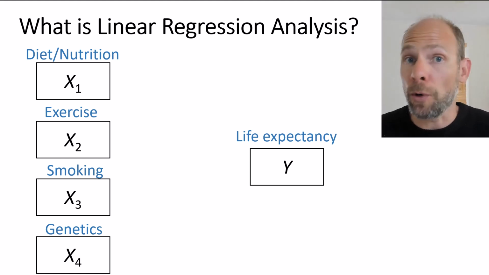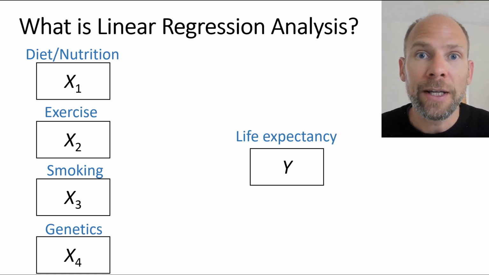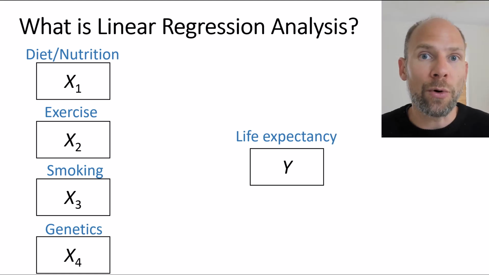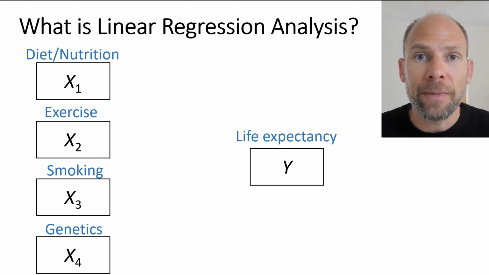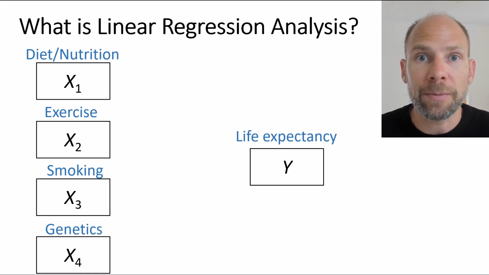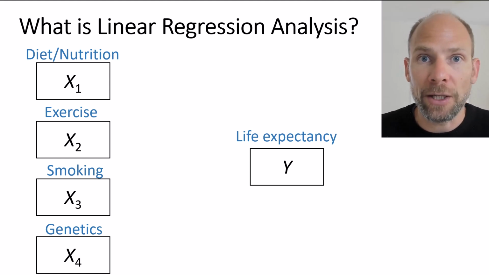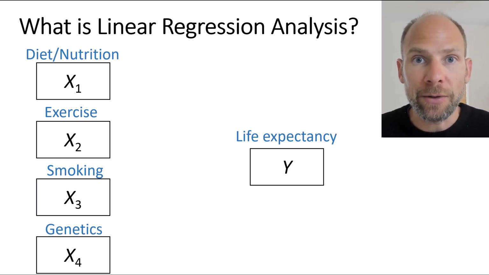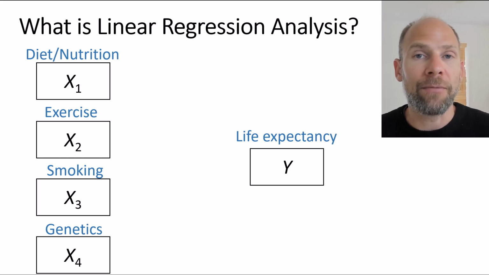So in other words, what is the most important factor in, for example, longevity, and to also make predictions of future scores. So we can use a regression model to then estimate predicted scores based on a specific profile of independent variables. In linear regression analysis specifically, we assume that there are linear associations between the predictor variables x and the outcome variable y.